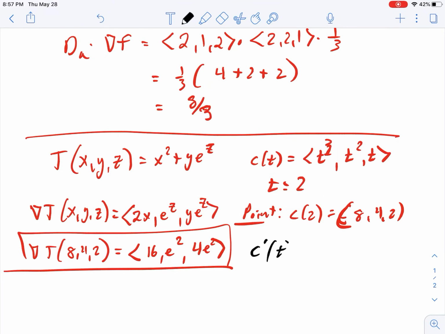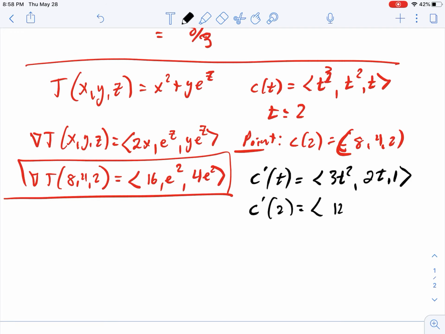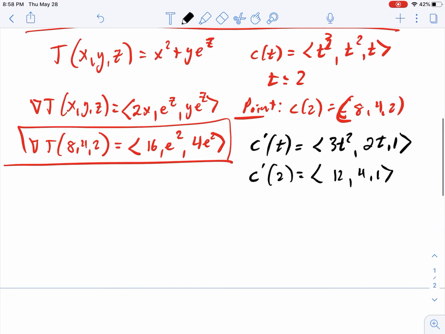Now my directional derivative would be c prime of t, and therefore the derivative of this would be 3t squared, 2t, 1, and then for c prime of 2, I would have 12, 4, and 1.